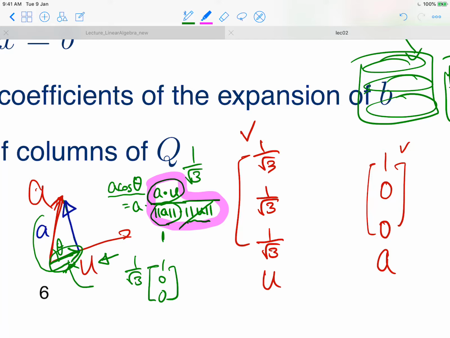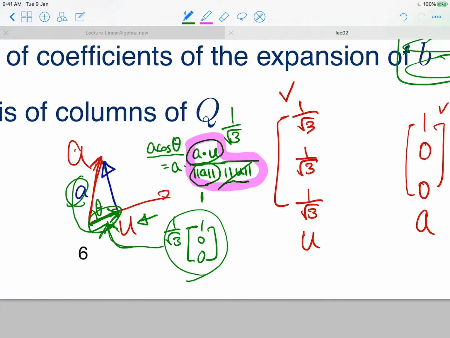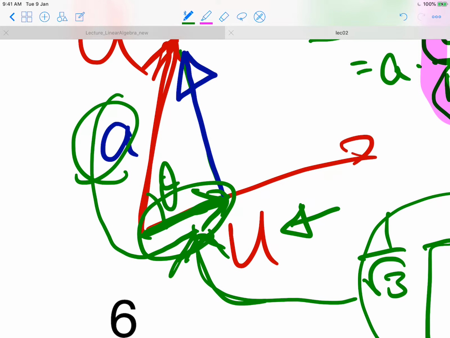Okay, so we computed this part, which is a projected portion, right? And then we have to subtract this guy from A. If we subtract this green part, which is what we computed so far, from A, then we will obtain this blue part, which is the orthogonal part from the previous vectors, right?